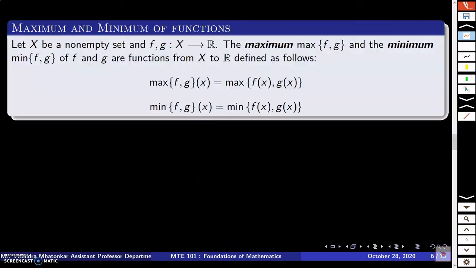next we have maximum and minimum of two functions.